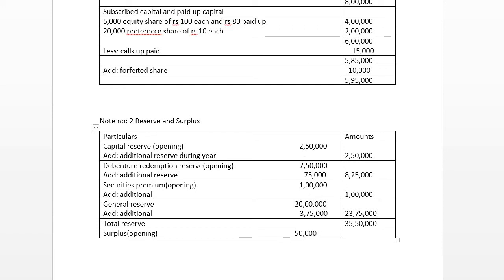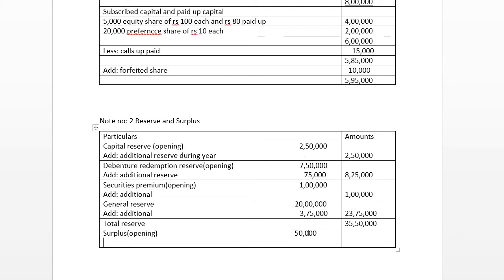For that, if any additional surplus, meaning any amount of additional profit, is given, at that time we are going to add the profit for the year. Assume that the amount of the profit for the year is 7,50,000.